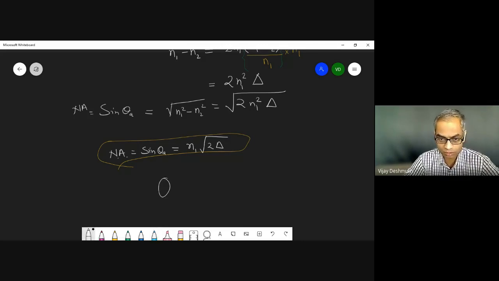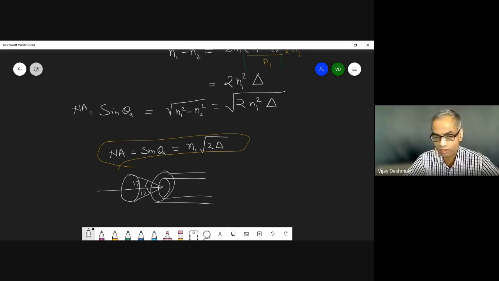We have seen this optical fiber, okay? And then we have this cone. So in this cone, just like in the previous example, we had 14 degree, and in the second example there was 17 degree. So let us take the second example, 17 degree. So this is the acceptance angle.